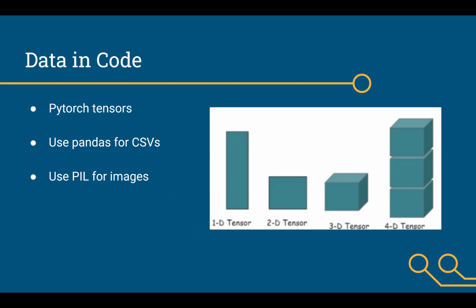Then you can put them into a PyTorch tensor by just calling torch.tensor. I think it's literally like torch.tensor. And then you put in whatever data you have inside of here in Python. For example, if my data is somehow only 3 data points, I would put 7, 5, 3.